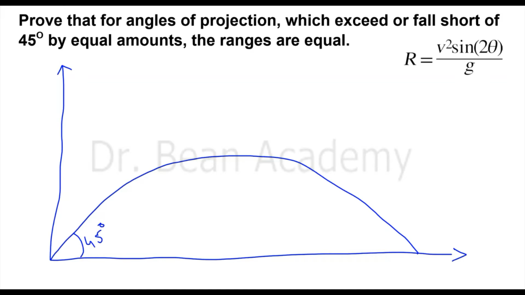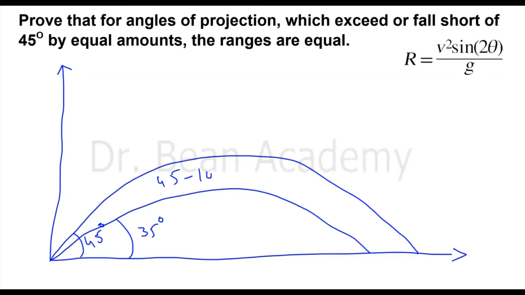Now the question says that for all the other ranges, suppose I choose another angle, 35 degrees. This 35 degrees is actually 45 minus 10. I reduce the angle 45 by 10. So 45 minus 10 equals 35 degrees.